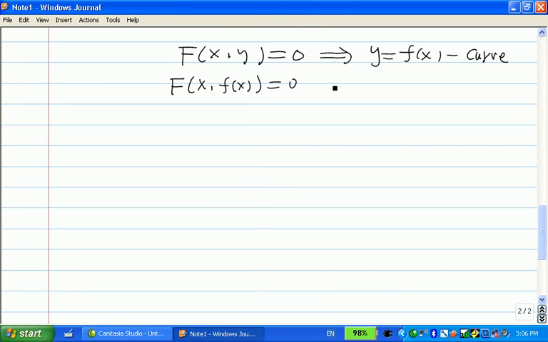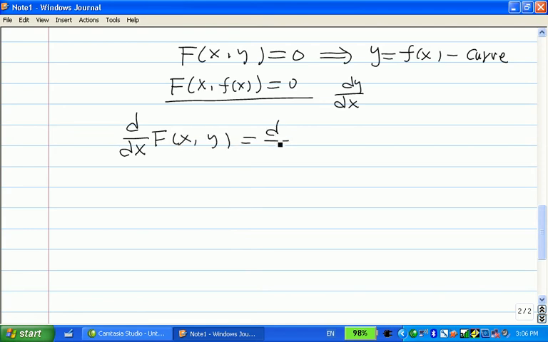Now what I want to find is dy dx. Now look at this equation. The left hand side is a function of x, so is the right hand side. So we can take a derivative with respect to x on both sides of the equation. Remember using the chain rule.